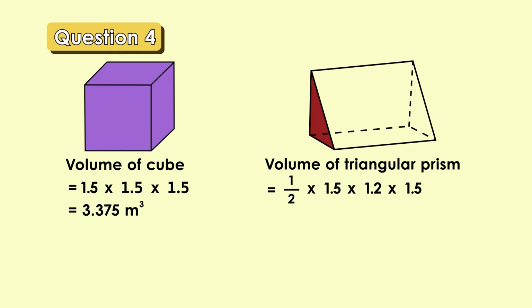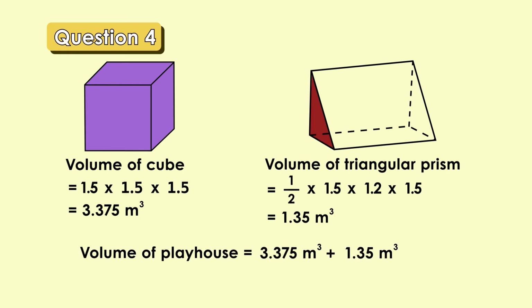Therefore, the volume of the roof is 1.35 cubic meters. In conclusion, the volume of the playhouse is the sum of 3.375 cubic meters and 1.35 cubic meters. Hence, the volume of the playhouse is 4.725 cubic meters.